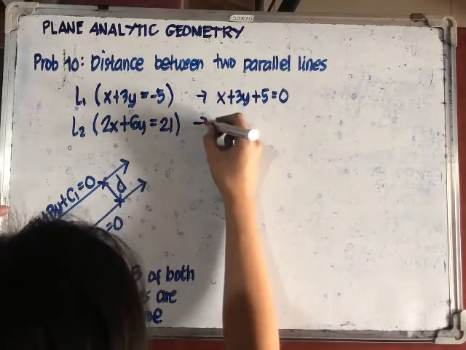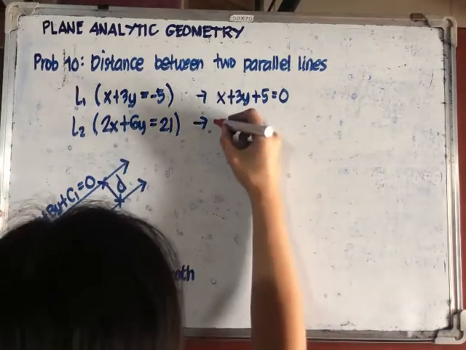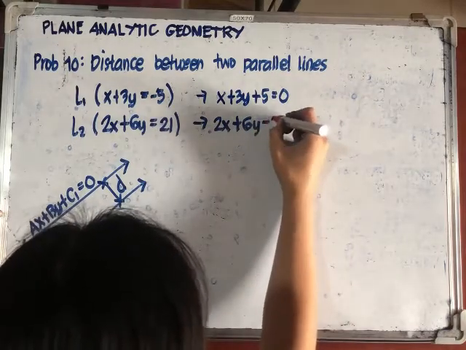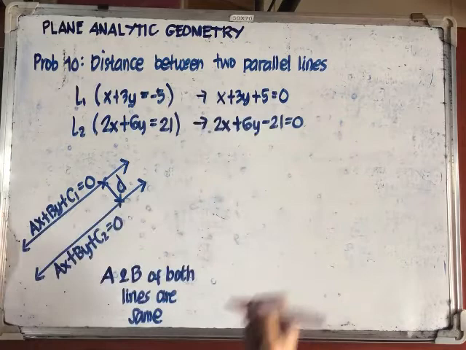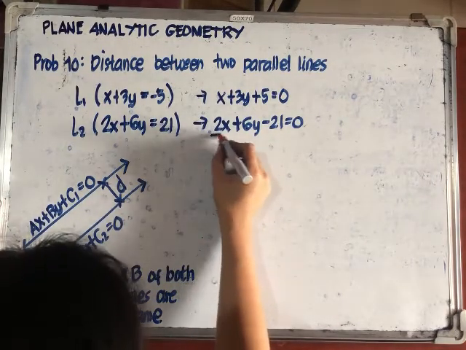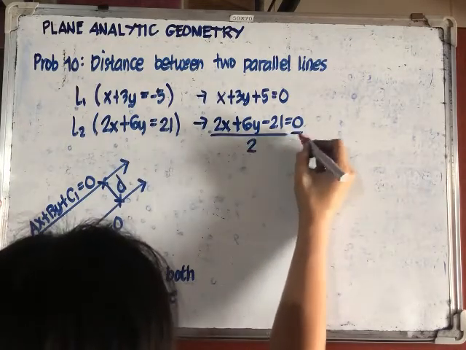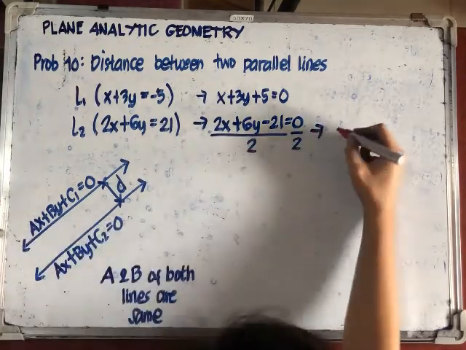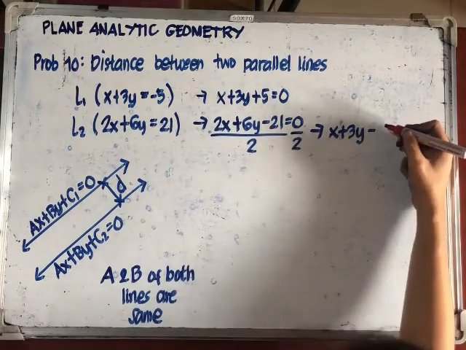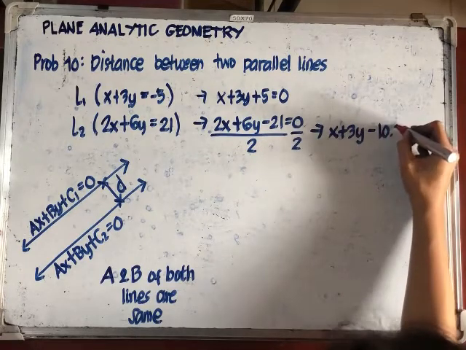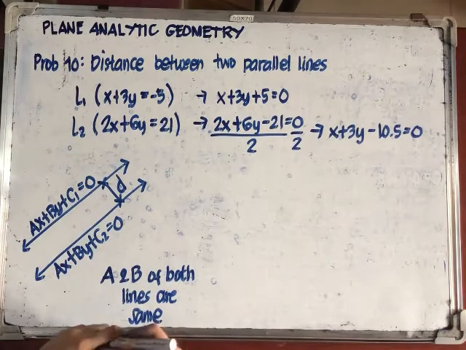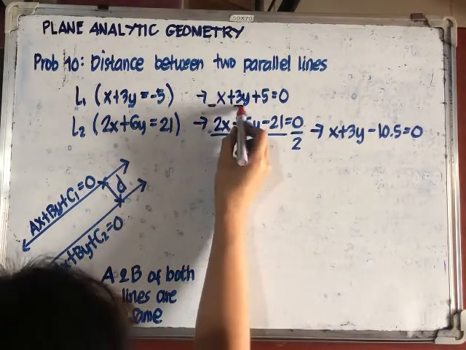So, i-move ko muna yung 21 to the other side para general form. 2x plus 6y minus 21 equal to 0. So, kailangan natin gawin is i-simplify ito by dividing all the terms by 2. And that would give us x plus 3y minus 21 over 2, or that is 10.5, is equal to 0.